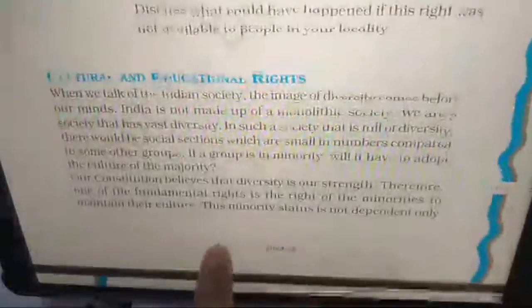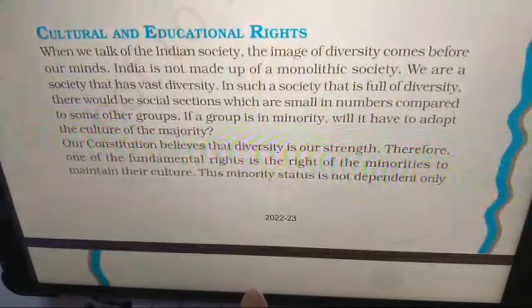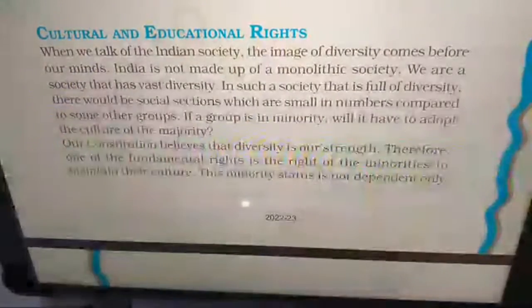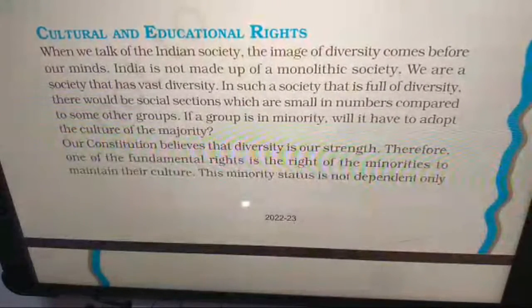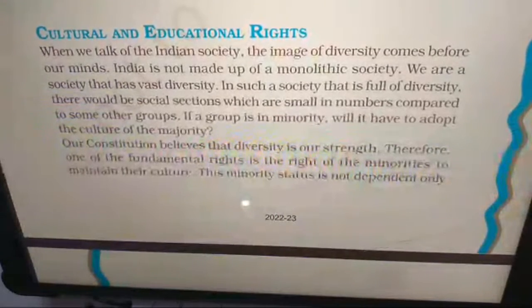Cultural and educational rights. When we talk of the Indian Constitution, the image of diversity comes before our minds. India is not made up of a monolithic society. We are a society that has vast diversity.